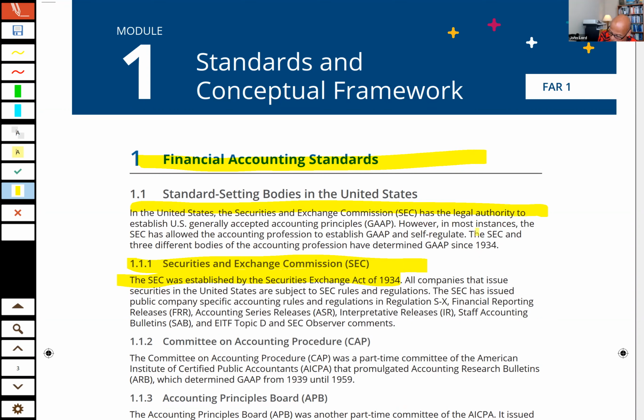So the SEC, even though it has the legal authority, has delegated that to various entities, and they still, however, issue public company specific rules that you can see listed here. These are still promulgated by the SEC and would have to be followed by public companies, even though the bulk of the standard setting has been delegated to the private sector.